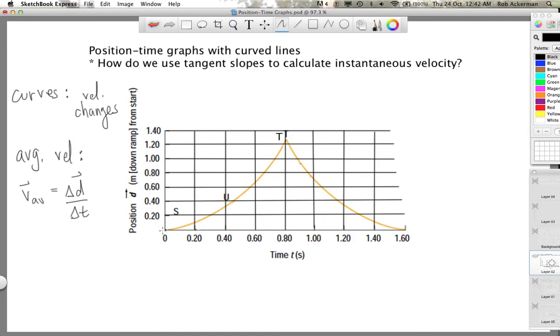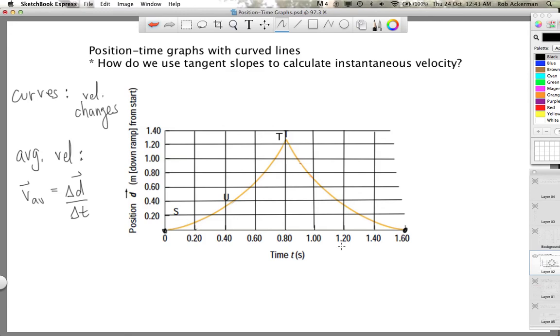And so for this object, which is described by a position graph showing the position of an object going down a ramp from a start, the object progresses down the ramp, 0.2 meters down the ramp, 0.4 meters down the ramp, 0.6, and so on, and then it's less than that many meters down the ramp, it's going back up the ramp. So if I were to ask you for the average velocity, I would have to say over what time interval? Over the total time interval, the average velocity once again is 0. The ball gets back, or the object gets back to where it started.